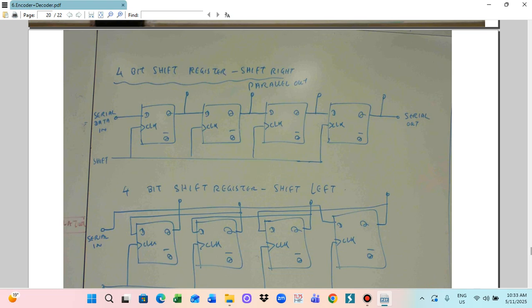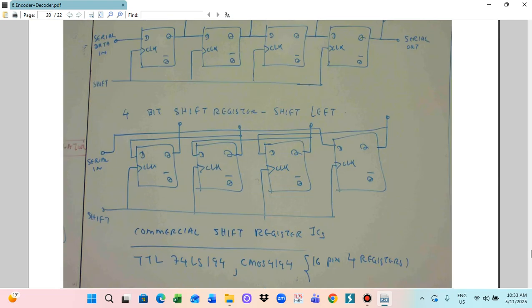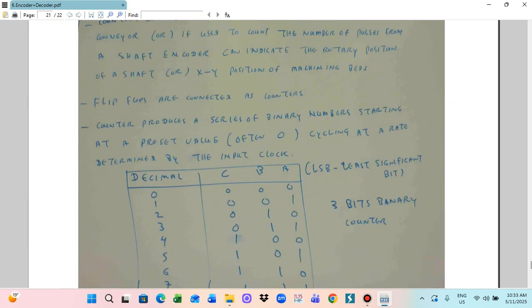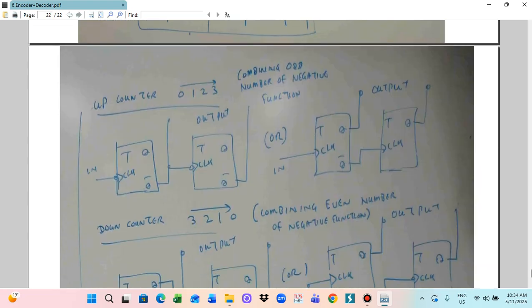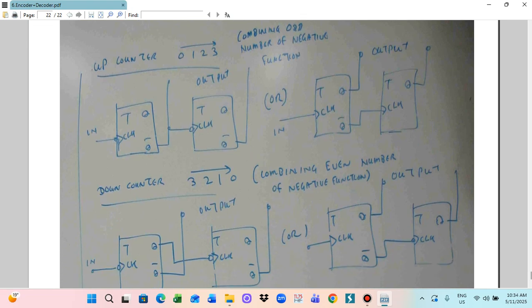For the number display circuit, we can utilize a 4-bit shift register. And here will be the counter decimal system truth table. Here will be the up counter and the down counter connection diagram.